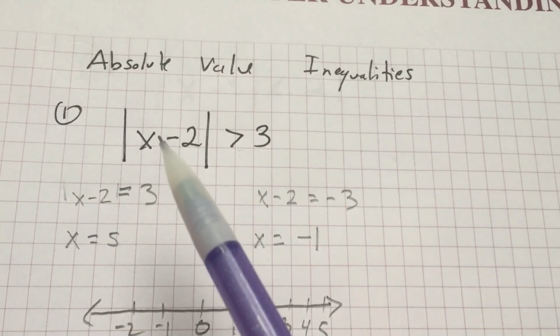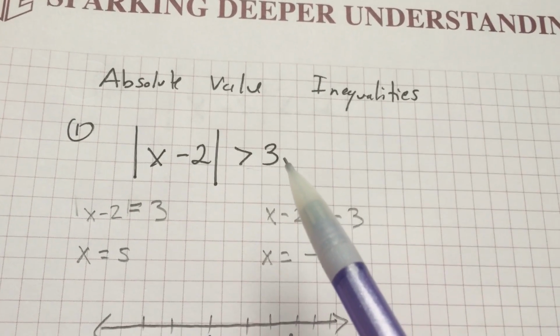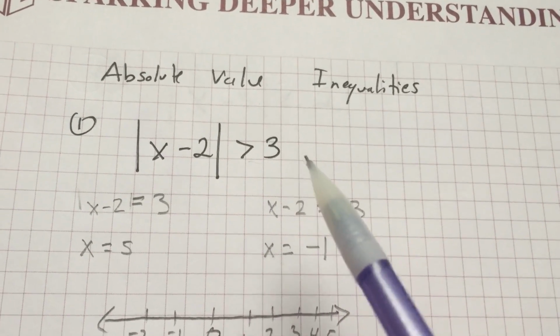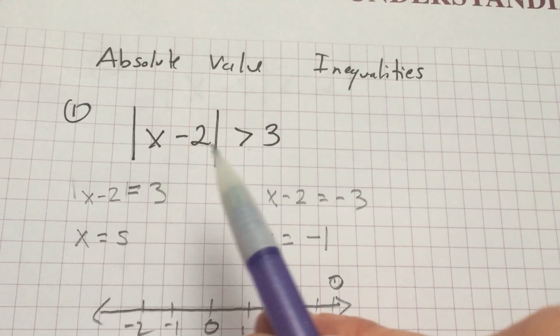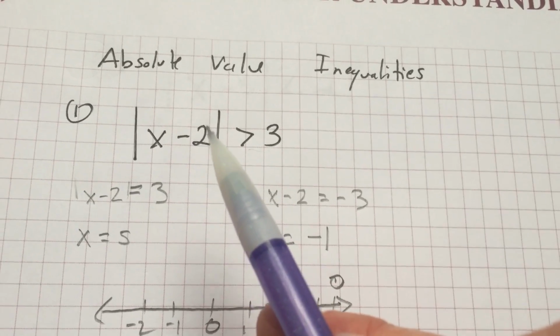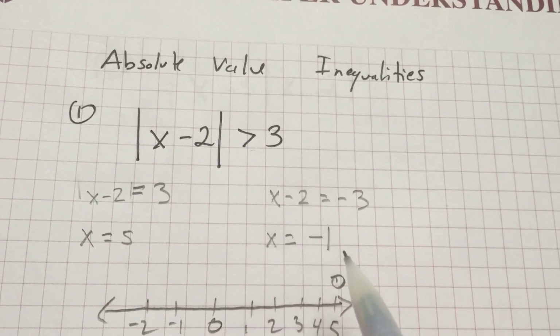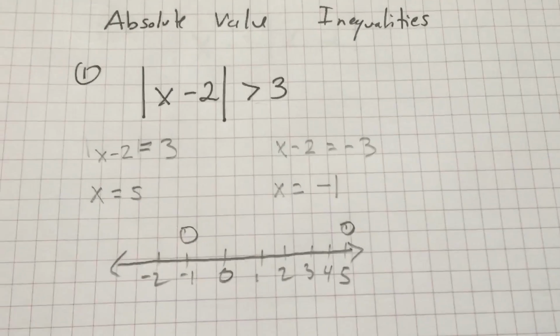So if I plug this 5 in, 5 minus 2 gives me 3. 3 cannot be greater than itself. Okay, so that means I'm going to have an open circle at 5. And same thing with negative 1. Negative 1 minus 2 gives me negative 3. And again, the absolute value of negative 3 is 3, and it cannot be greater than itself. So again, I'm going to put a circle. So we have two circles this time.